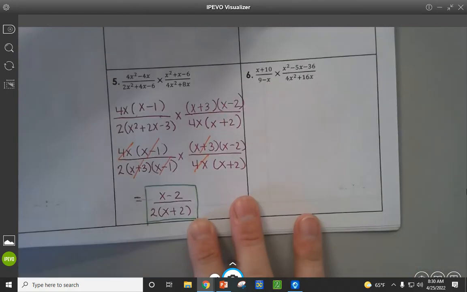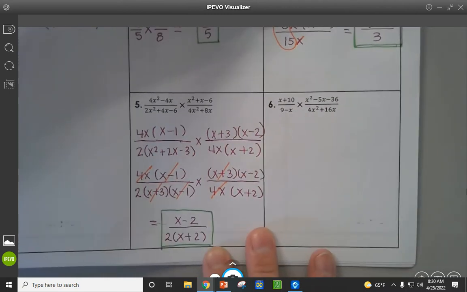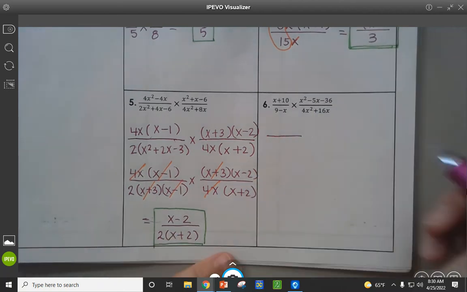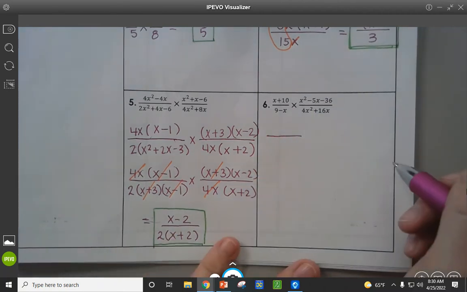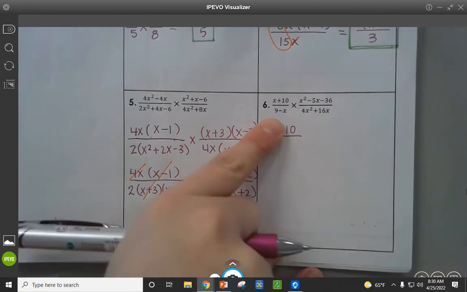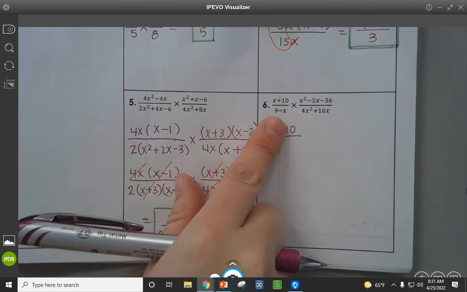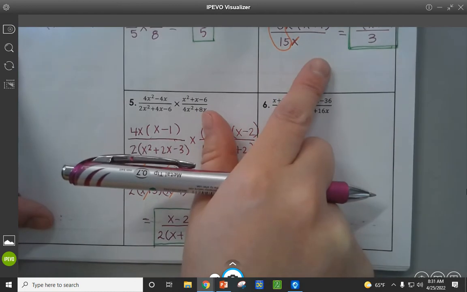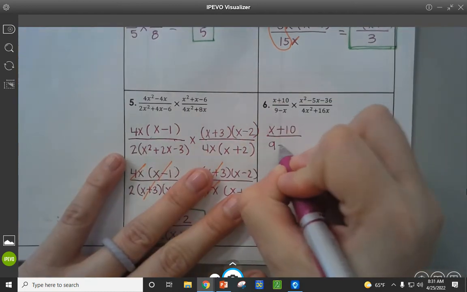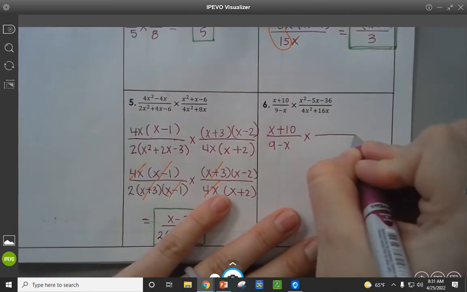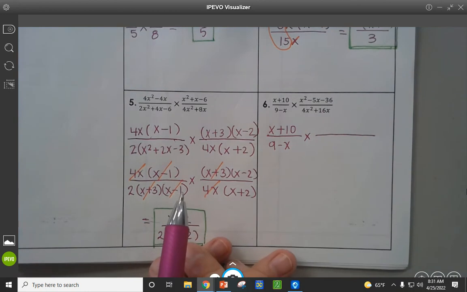All right, number 6. X plus 10, does that have a GCF? No, nothing you can do there. Now this one is a 9 minus x. I'm going to guess that it's going to be similar to this one we had above, but we'll wait and see if we need to swap it out and change it a little bit. X squared minus 5x minus 36.